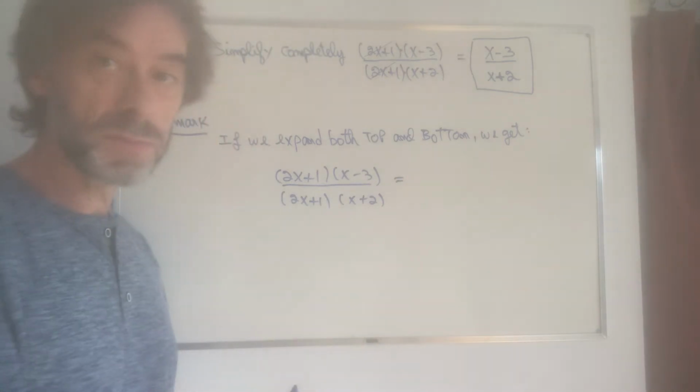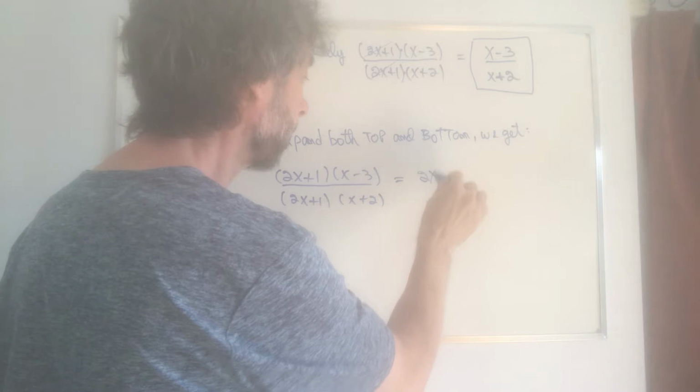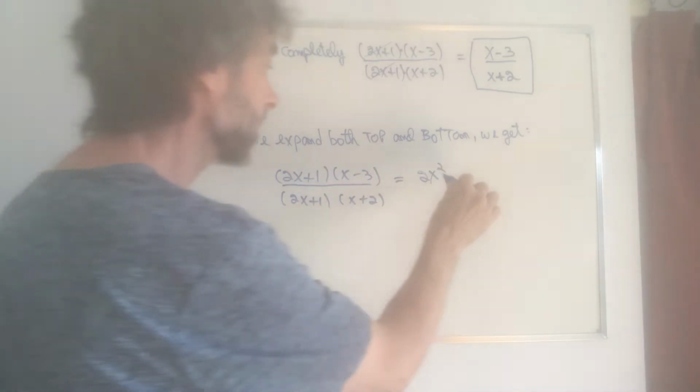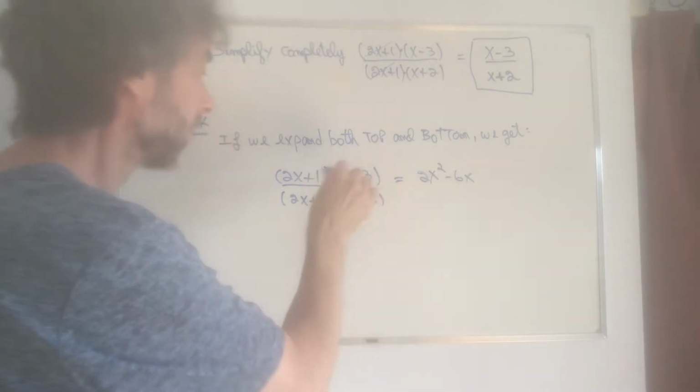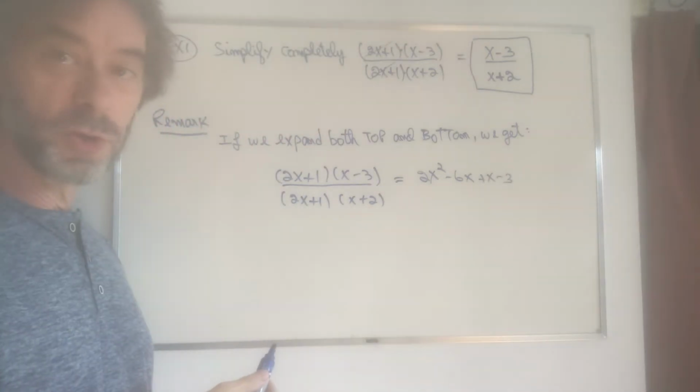actually becomes, let us FOIL, right? So 2x squared minus 6x plus x minus 3. That's what I get for the numerator.